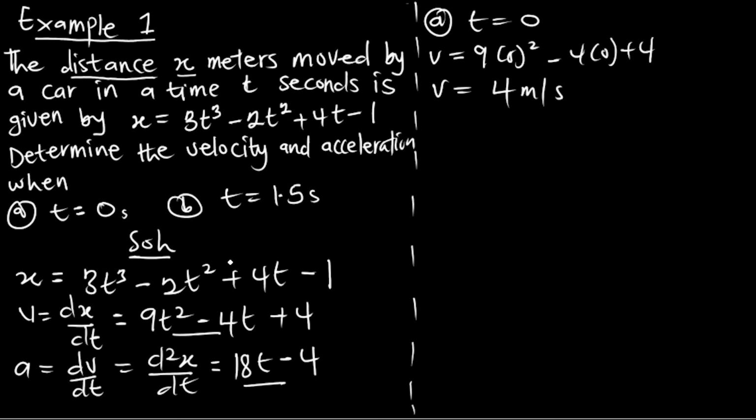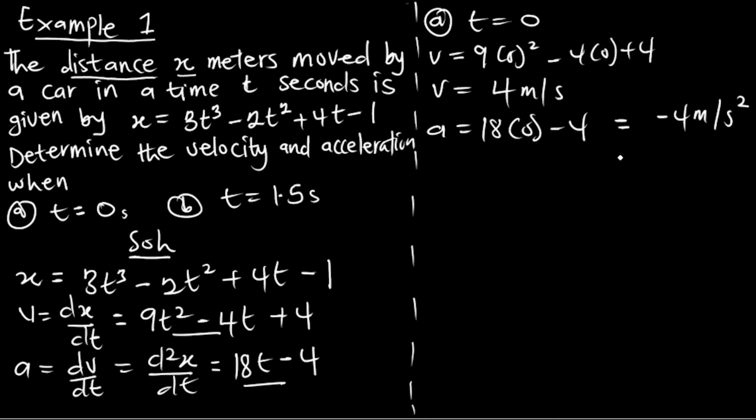So at time 0, or the initial velocity of the car, will be 4 meter per second. Very good. The same thing at time 0, our acceleration from this equation is going to be 18(0) minus 4, and our acceleration is going to be negative 4 meter per second squared.